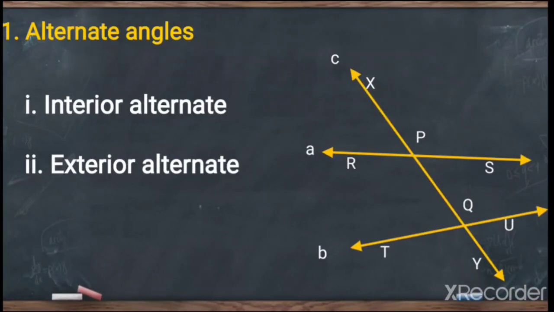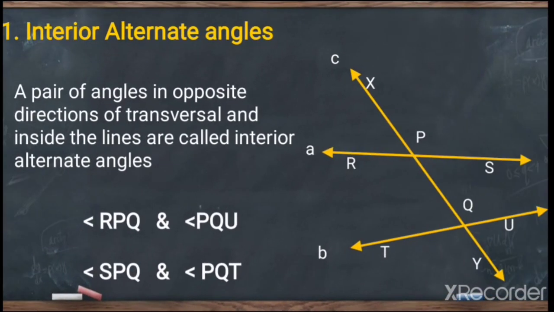Now see the next one, alternate angles. There are two kinds of alternate angles, interior alternate and exterior alternate. Let's study first interior alternate angles. A pair of angles on opposite sides of a transversal and inside the lines are called interior alternate angles.